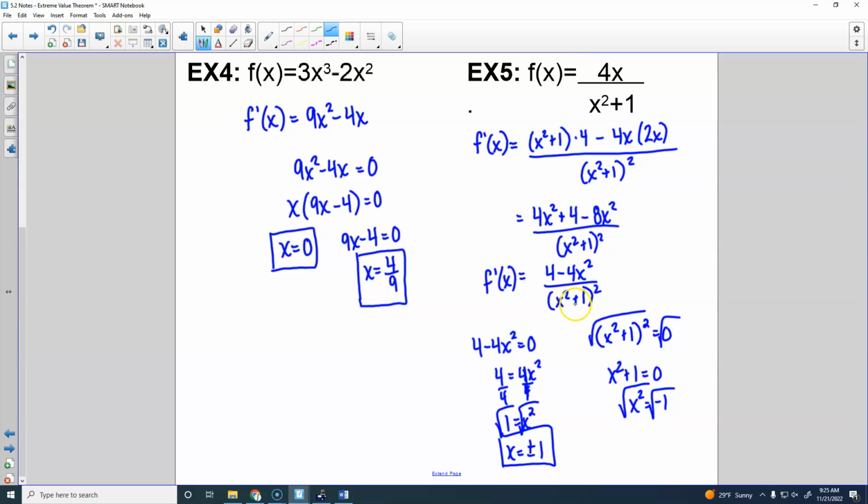That's going to be positive. Then we're going to add 1 to it, which will make it even more positive. And then we're going to square it, which will keep it positive, right? So there's no way you could even get a negative number under here, much less 0, unless you used imaginary numbers, which are not real numbers that we have to consider for the domain. So you don't get anything that would actually give you undefined here. So we got x equals plus or minus 1.